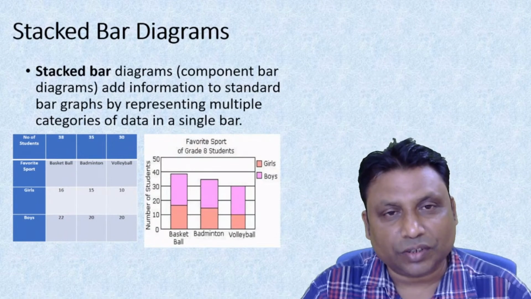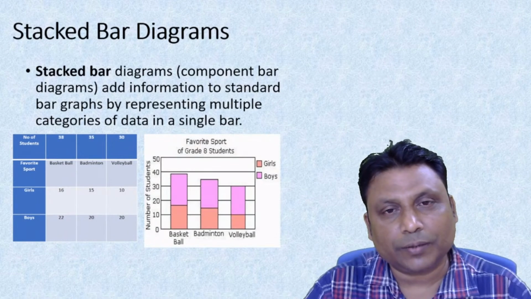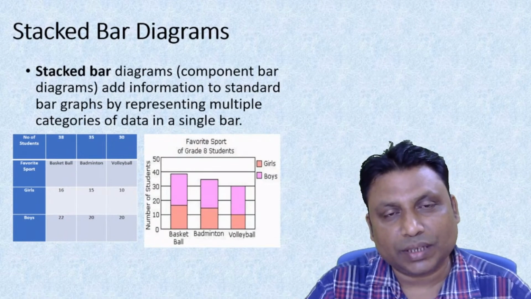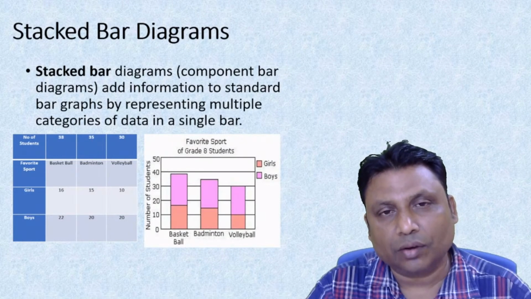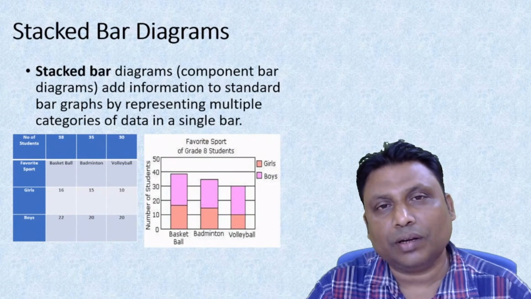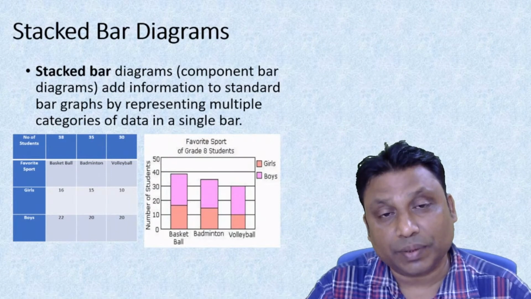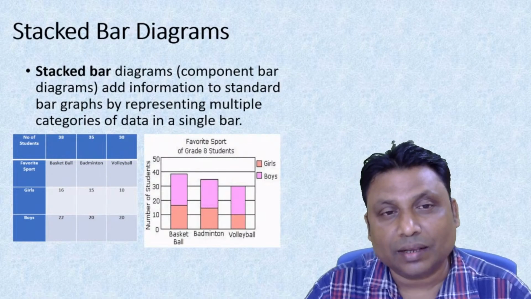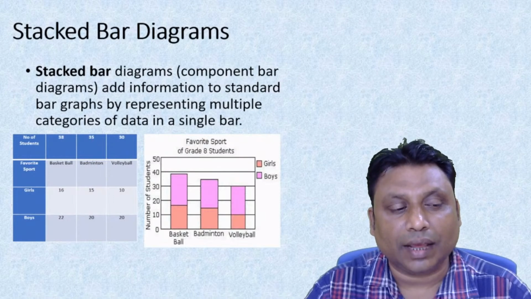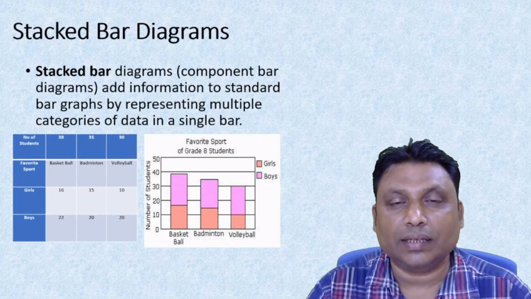Clear or not? In today's topic, we discussed data processing: how data should be edited, how data will be coded, how data is classified, and what data tabulation is. Then after that, how to represent your data on a diagram basis or an analysis basis.